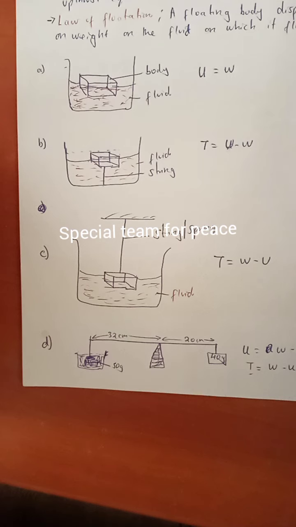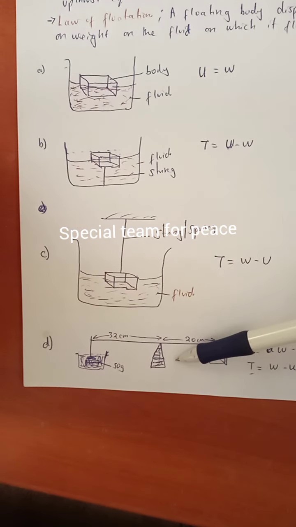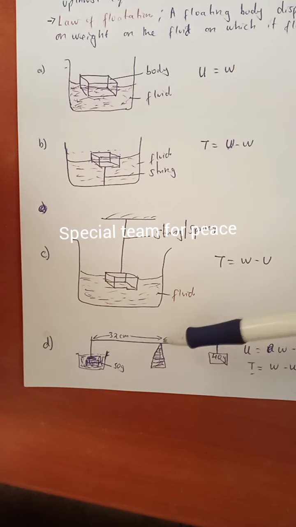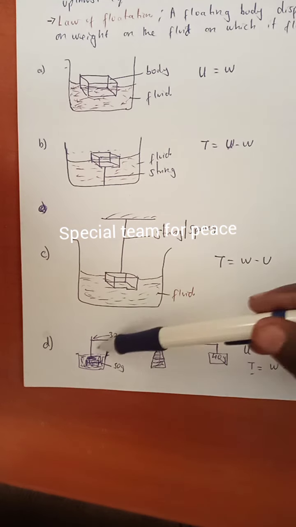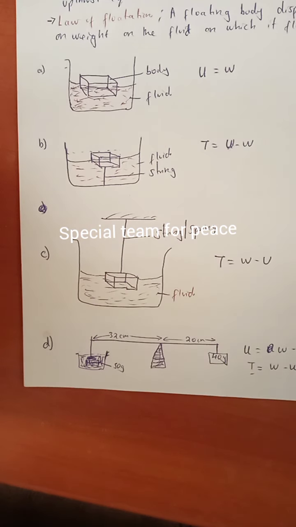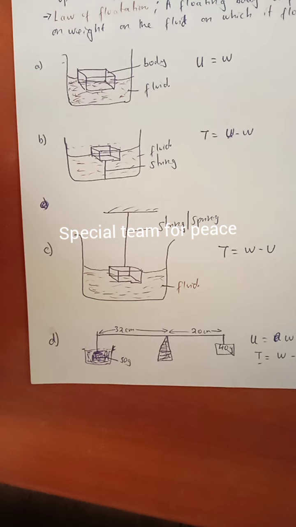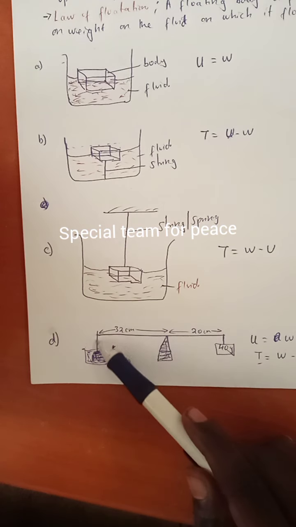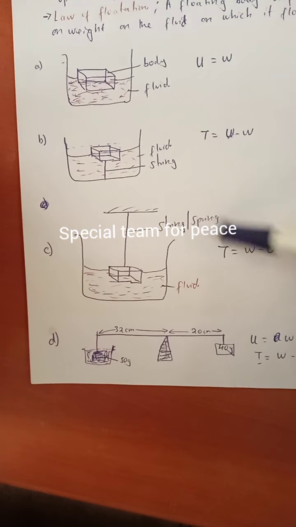Then the second diagram is for the application part of it. You have an object here supported by another mass, for the issue of turning effect. The apparent weight here is the same as the tension, which is given as the weight minus the upthrust.